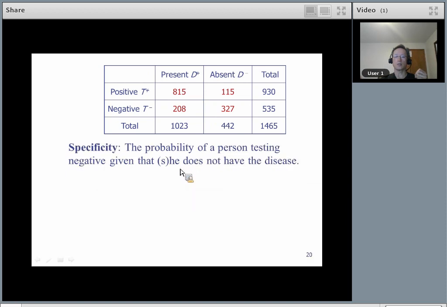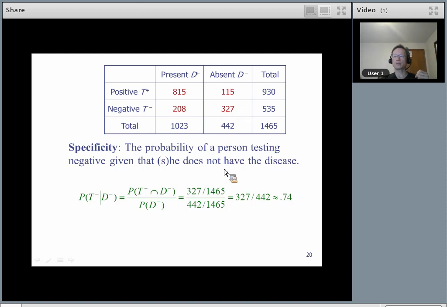And the specificity looks at the non-disease group. Those who don't have the disease, how likely are they to test negative. That would be this 327 out of this total. What I did here is use the conditional probability, but you know that the total denominator cancels, so it is actually just the ratio of these.